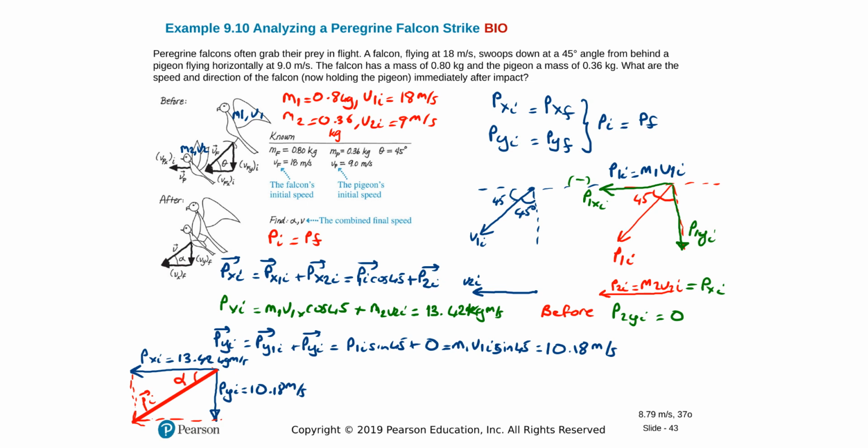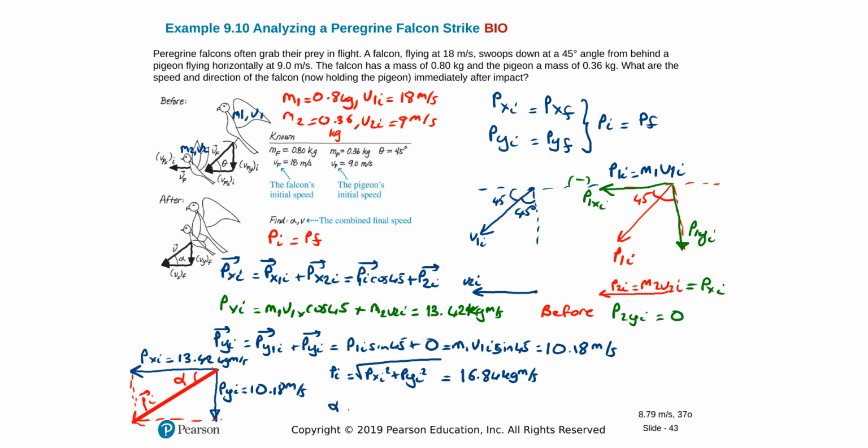Alright, so P initial now equals the square root of Px initial squared plus Py initial squared. Put in the numbers, you'll find that to be 16.84 kilogram meters per second.